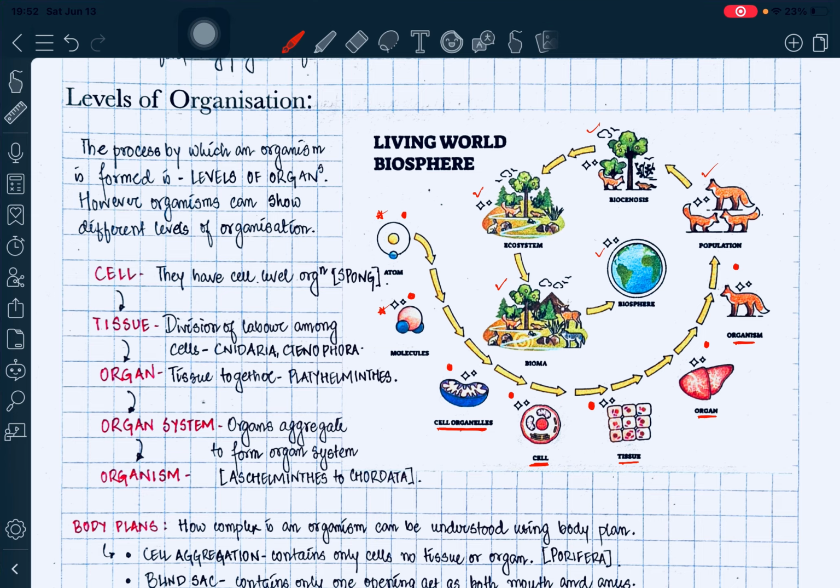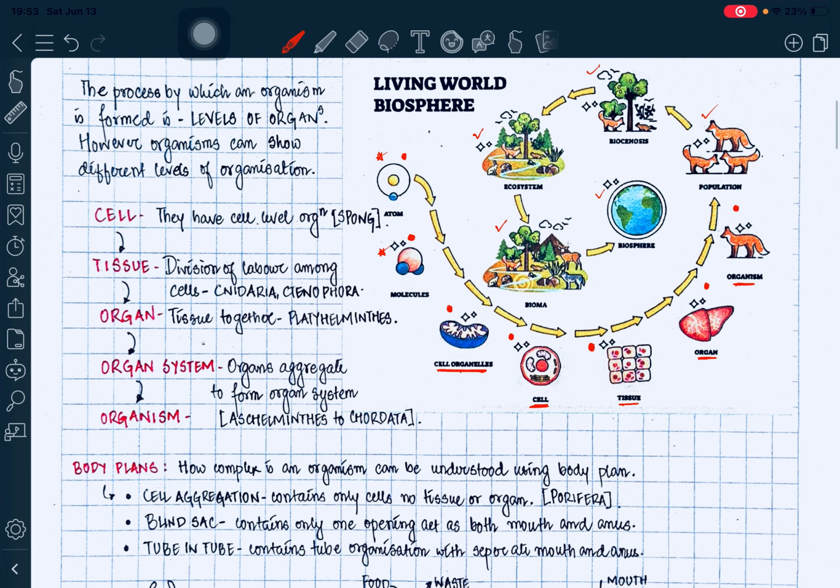So each and every animal that you see around you, and all the different phyla of the animal kingdom that we are going to see in this chapter, will have their body organization at one of these levels, and that is why it is called levels of organization. Organisms can show different levels of organization.